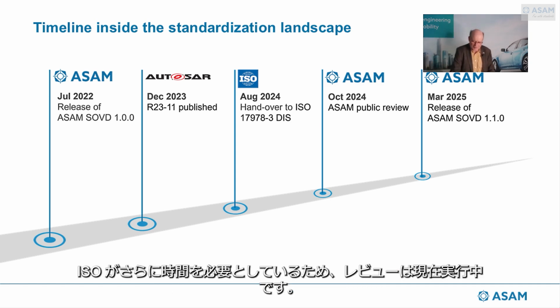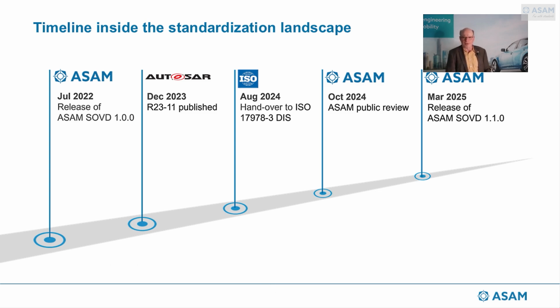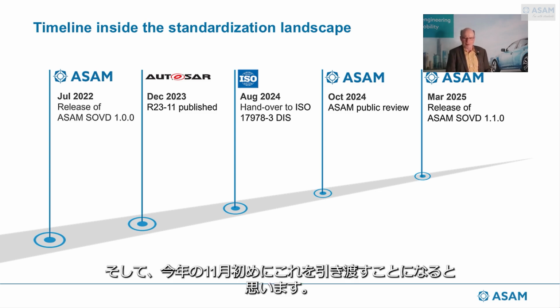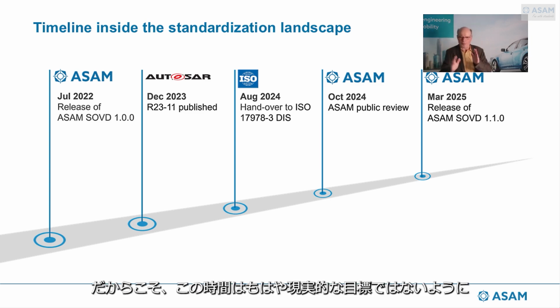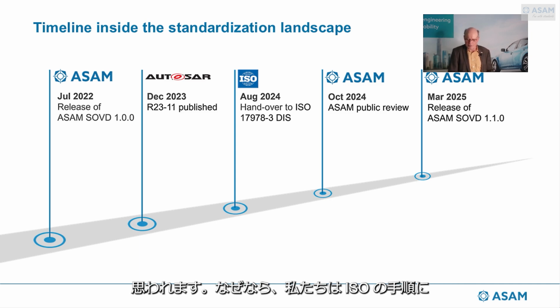The review is just now running, because ISO required more time. And I think at the beginning of November this year, we will hand over the document to ISO. And now we must follow. That's why this time seems not really realistic anymore, because we have to follow the ISO procedure.